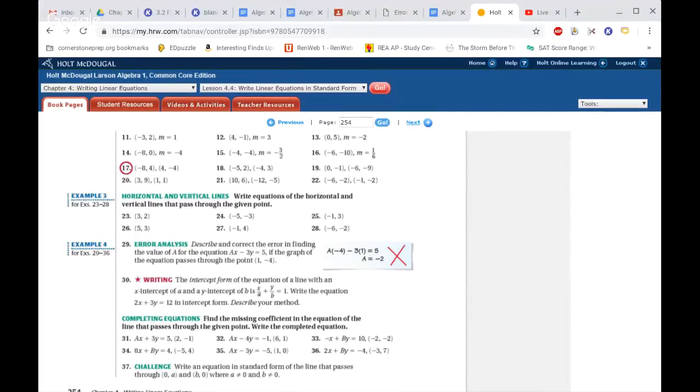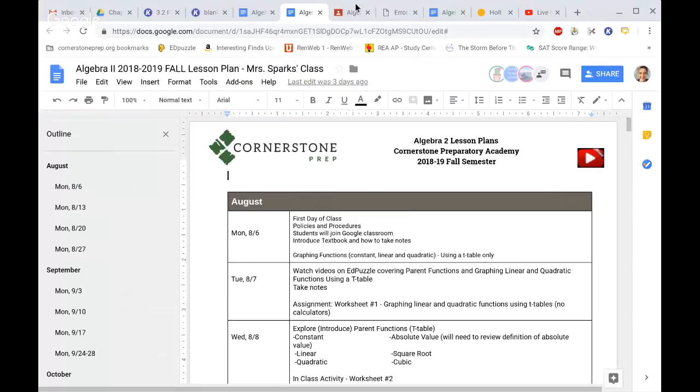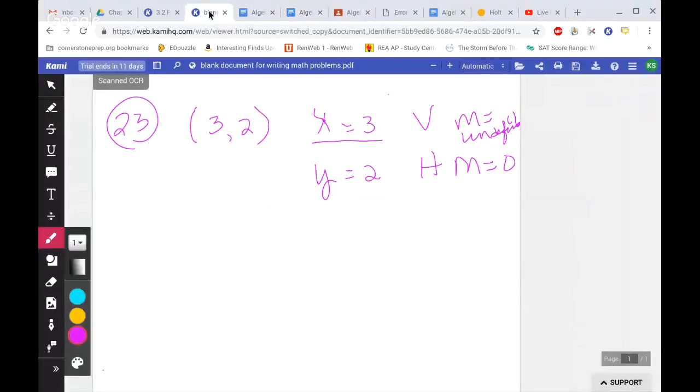But yes, they were also supposed to add, so I see what you're saying. They didn't even do that part right. So they did a whole bunch wrong. For sure. So I'm going to work that one out over here. Number 29, because they did a lot wrong, and I see what you're saying also, Eli.